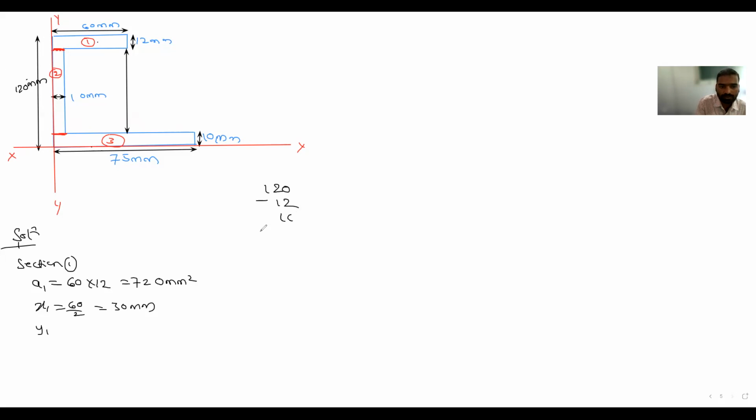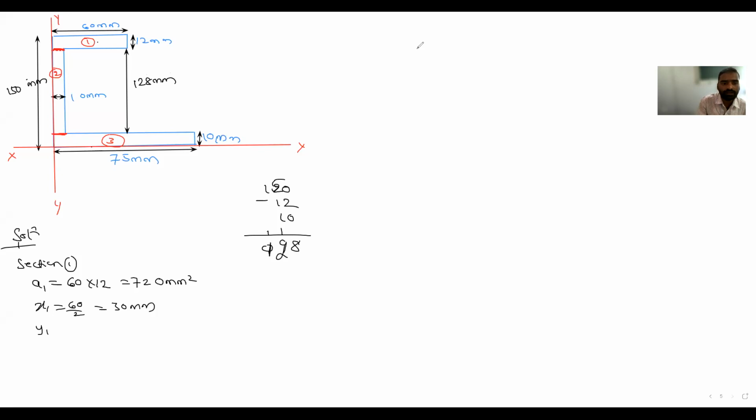So how much will you get? No, it is not 120. It is 150. So 150 minus 10 minus 12 is 128. Correct? Yes, sir. So this is 128 mm.